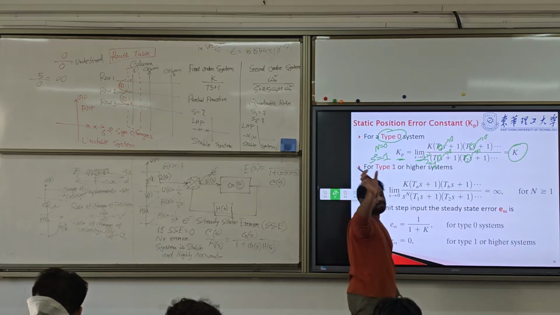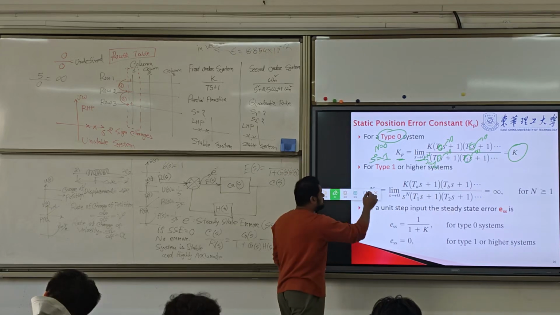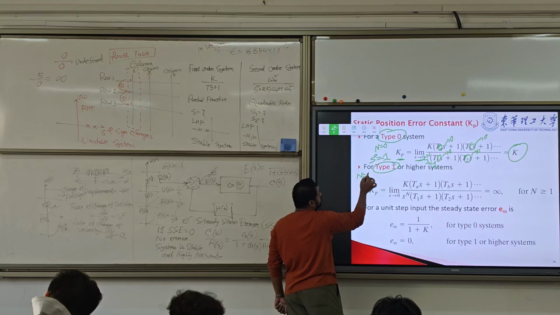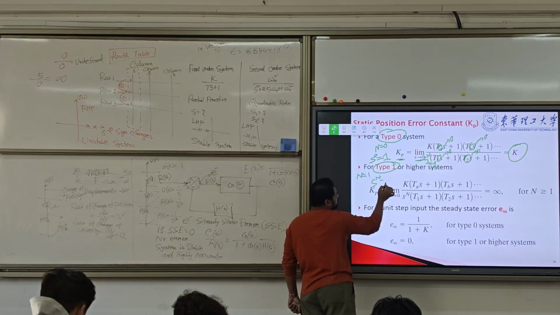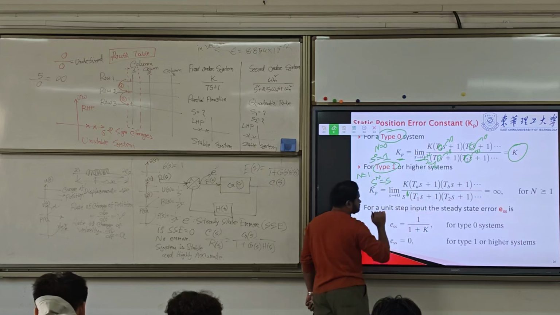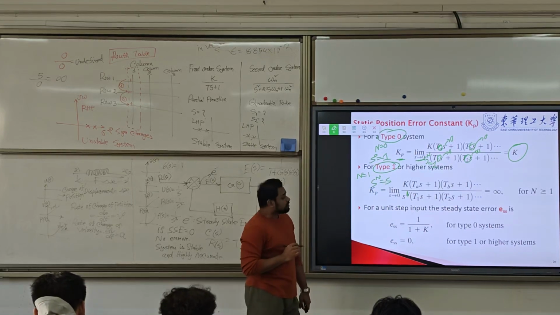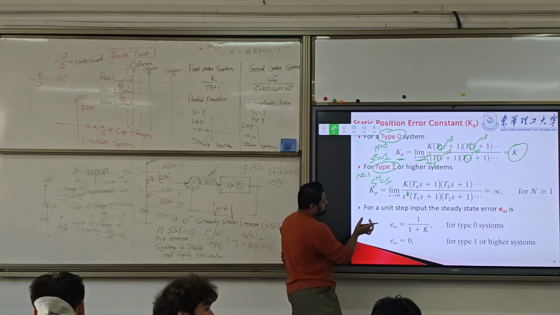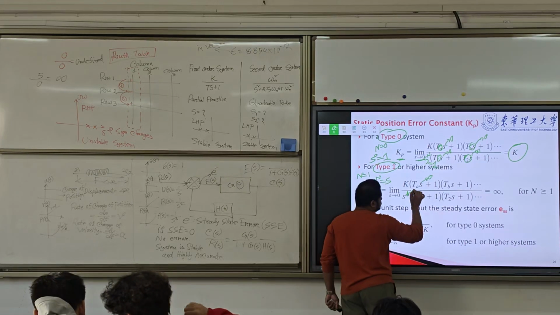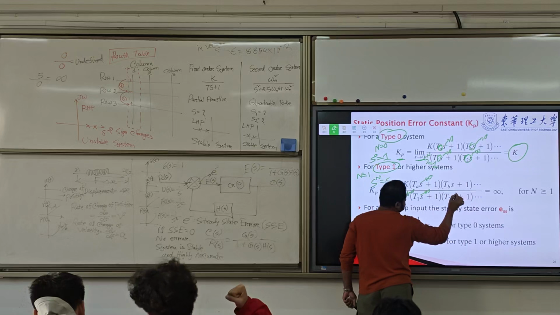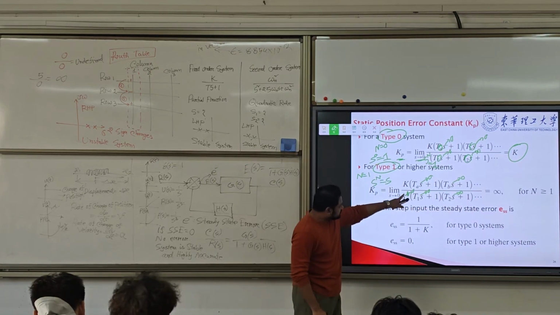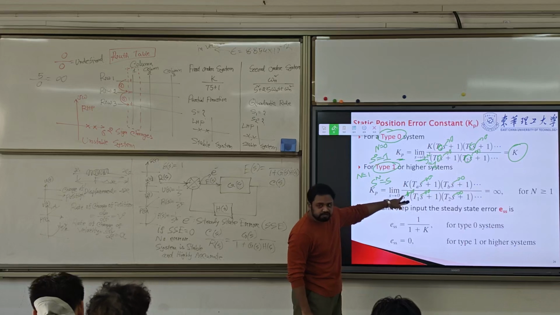We are finding the Kp value for the different type systems. Now for type 1, n equal to 1. So S power n will be equal to S, S1. So now put S tends to 0. Now look at this. We have a value of 0 here.